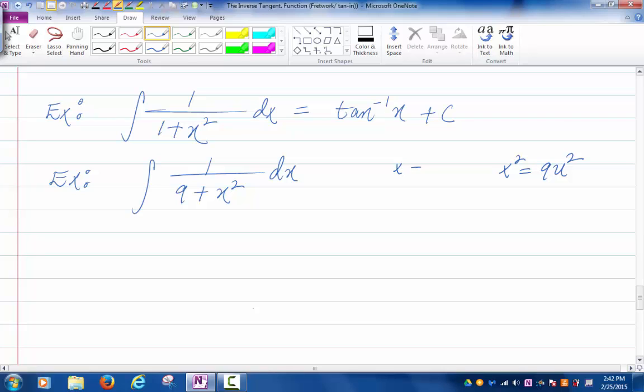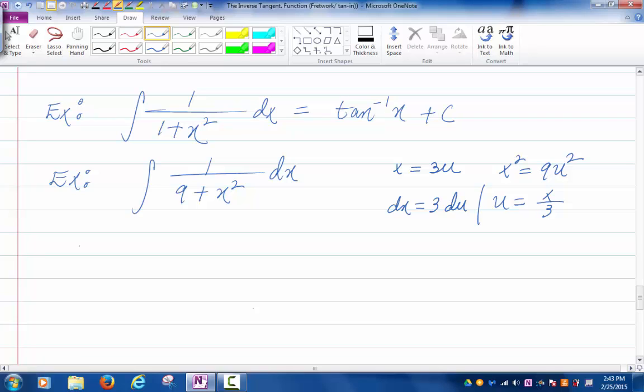That would be x equals to what? x equals 3u will allow me to write x squared as 9u squared. And if I do that, I can factor out 9, make it look like the first integral. Notice dx is then 3 du. And also let me write down that u is x divided by 3.